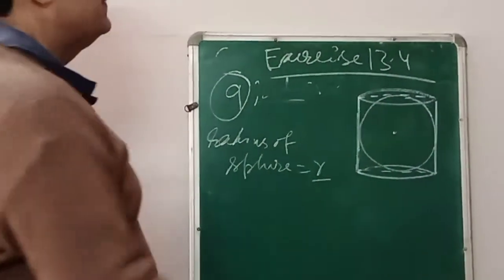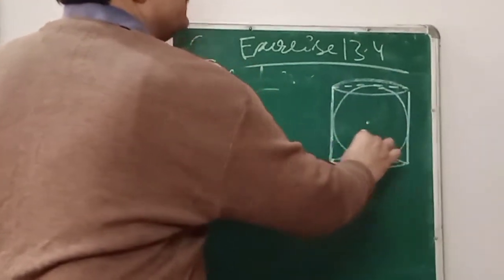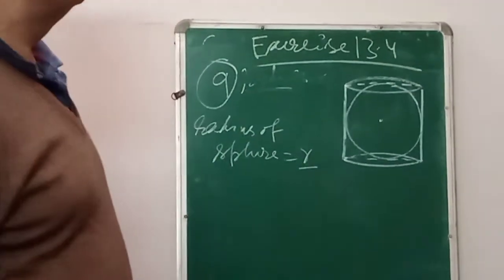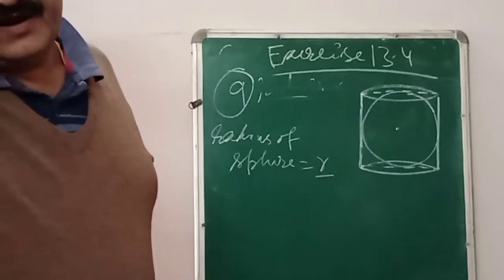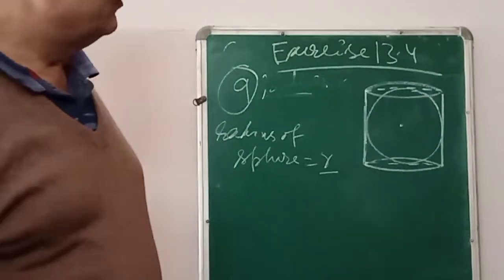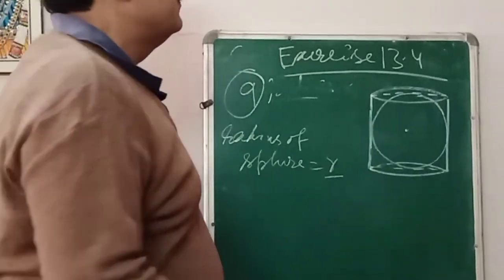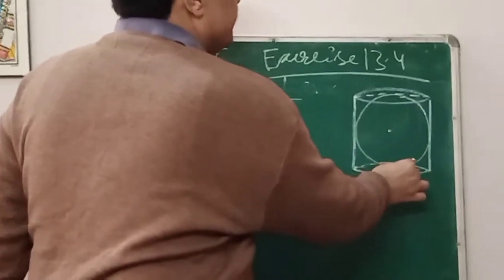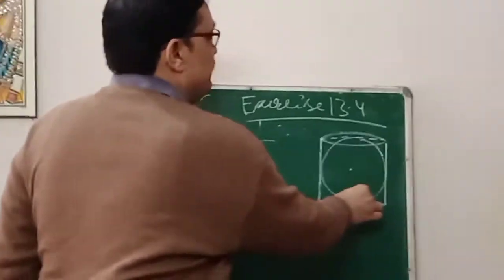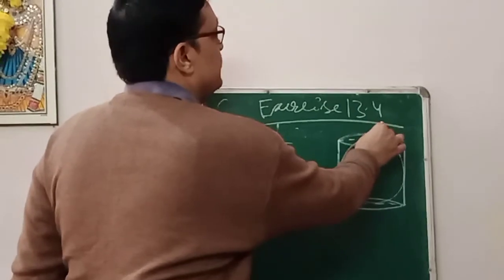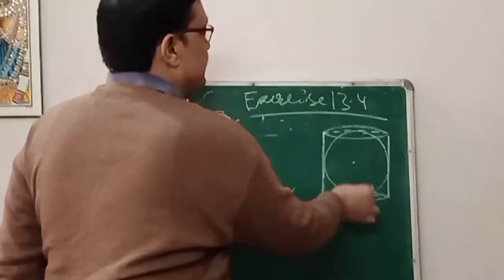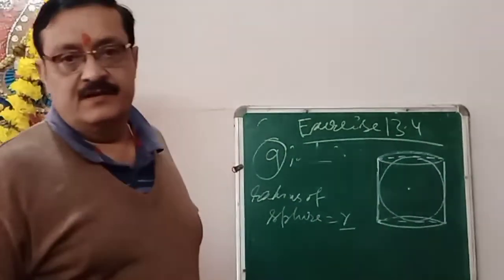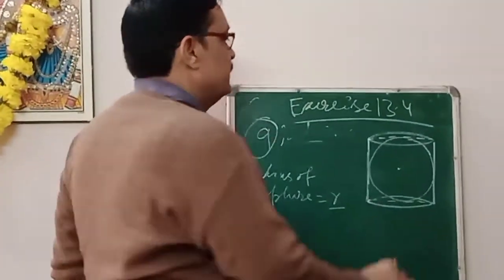And this sphere just fits inside the right circular cylinder. So it just encloses, that means the bottom edge and the top end of the sphere are up to the height of this right circular cylinder.